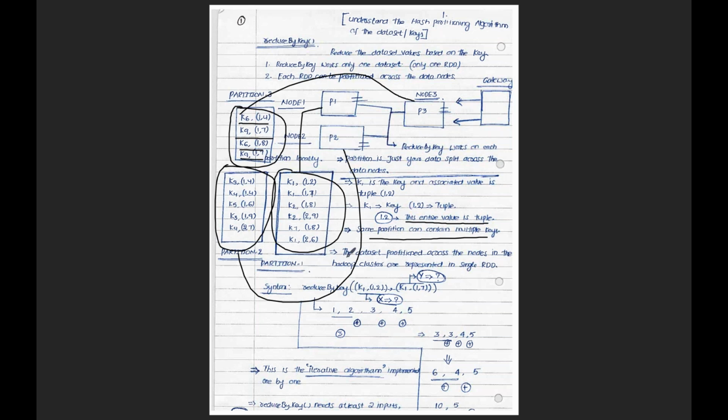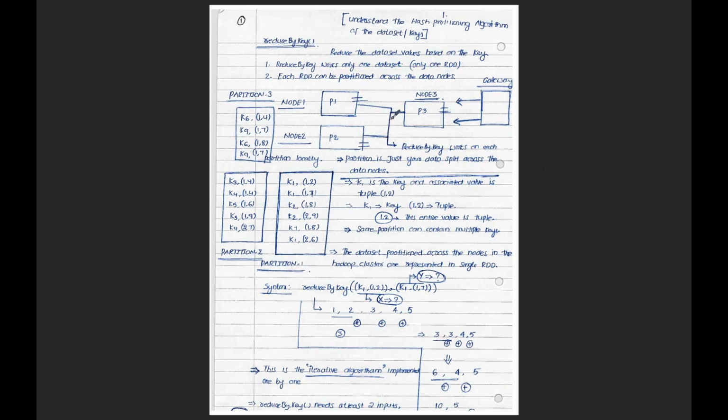Now, the dataset partitions across the nodes in the Hadoop cluster are represented in a single RDD. Let's focus on partition 1. Single RDD means K1 (1,2), K1 (1,7), K2 (1,8), K2 (2,9), K7 (1,8), K1 (2,6). This is all one partition. Once again, I repeat, you need to understand this carefully.